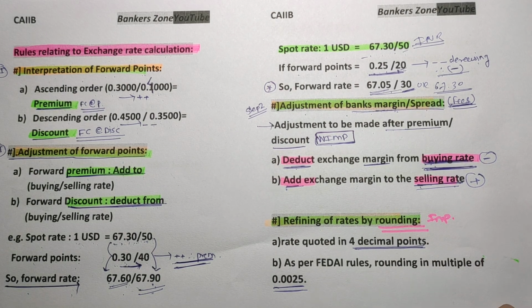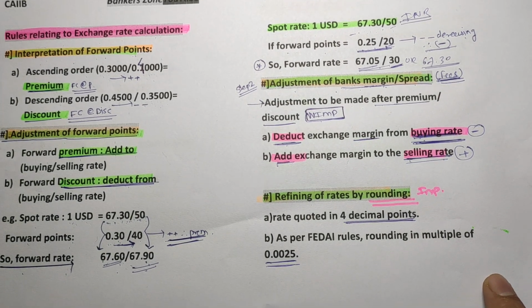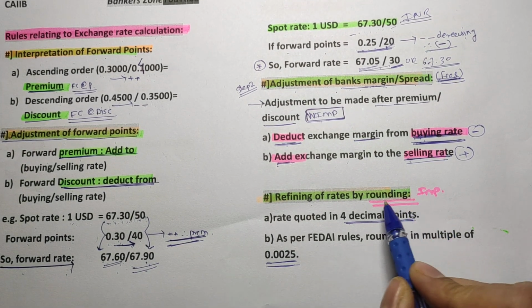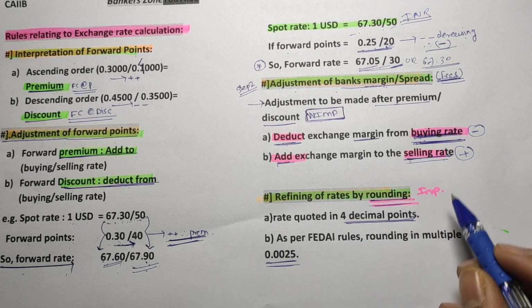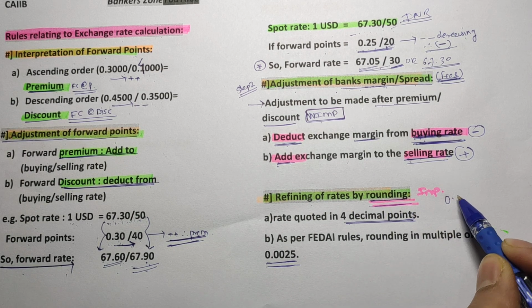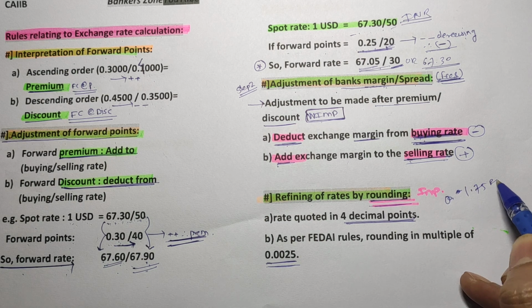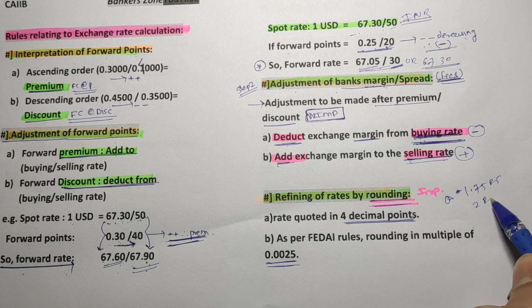Now the next step is that in a numerical, you will observe rounding. How to do the rounding? Very simple. Basically, suppose I have 1.75 rupees. How can you round off? I have 2 rupees.